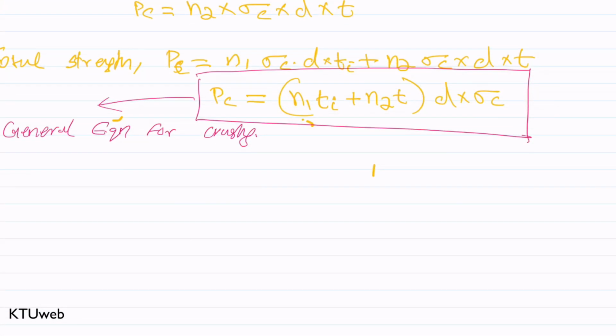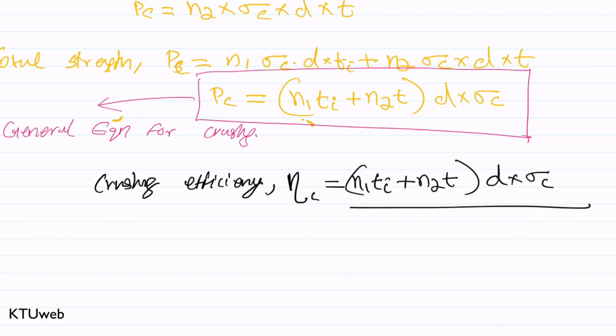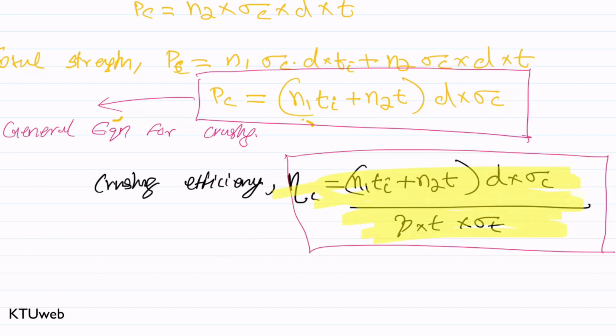If you have the crushing strength, you can easily write the crushing efficiency, all divided by the strength of solid plate, that is pitch P into thickness into sigma T. We can use this expression to find out the crushing efficiency of any rivet.